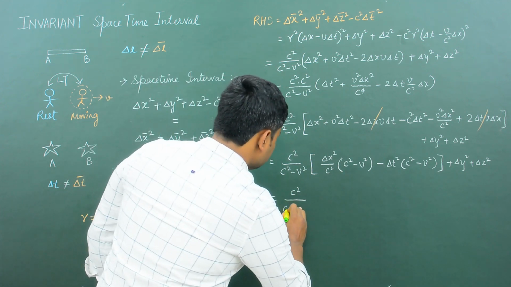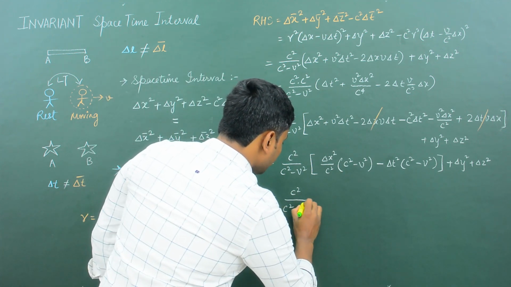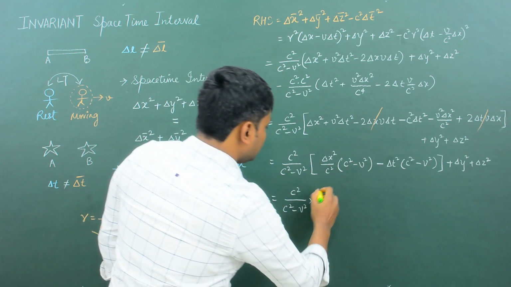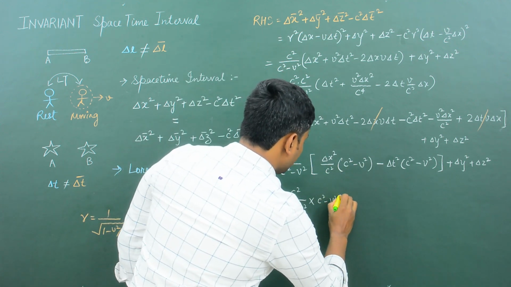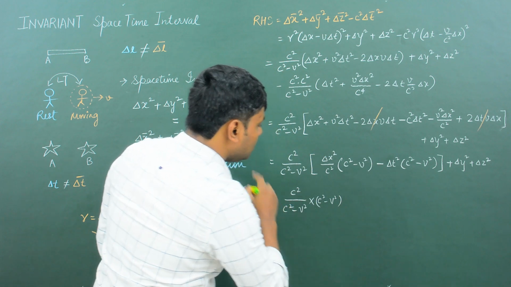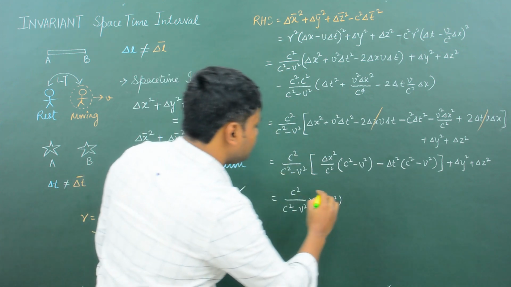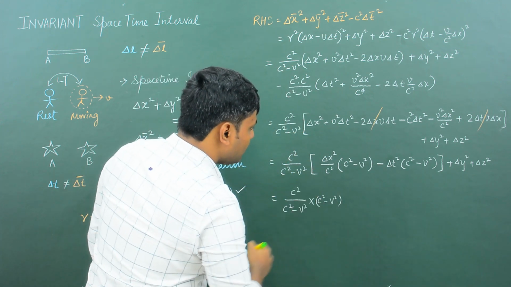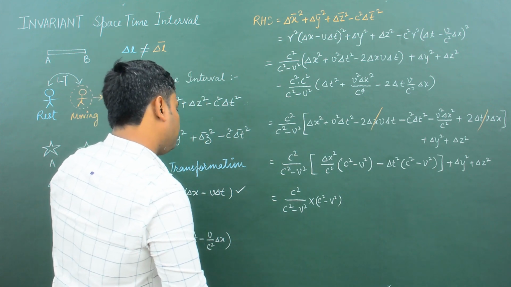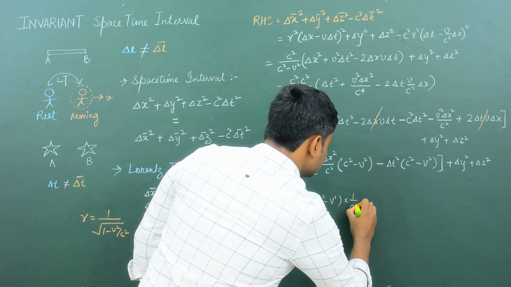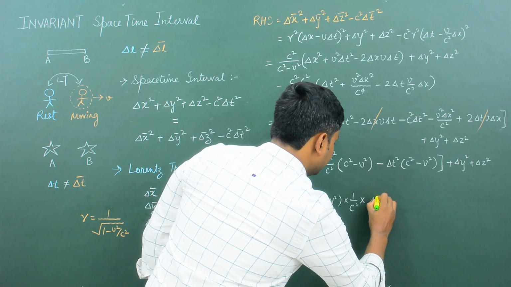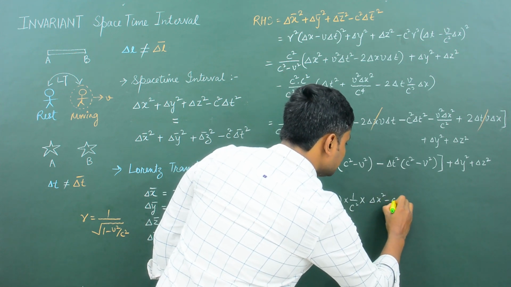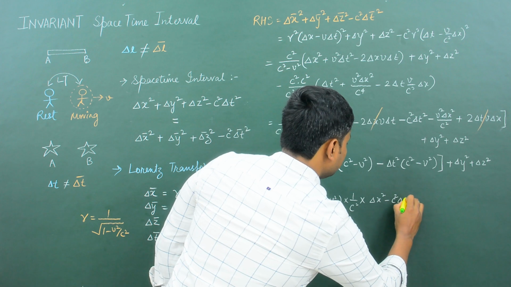Okay, so c square minus v square, this multiplied by, here we have c square minus v square is one of the terms, and the other term is x square. So I can take the 1 upon c square term out. I can have 1 upon c square, and then you will have del x square minus c square del t square.